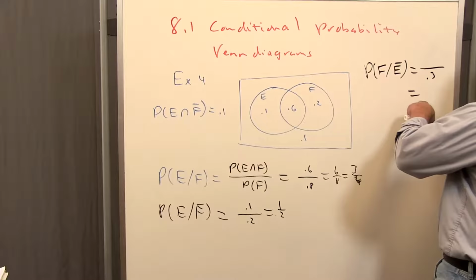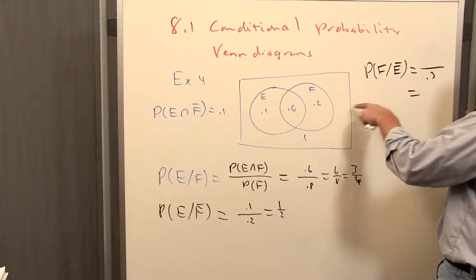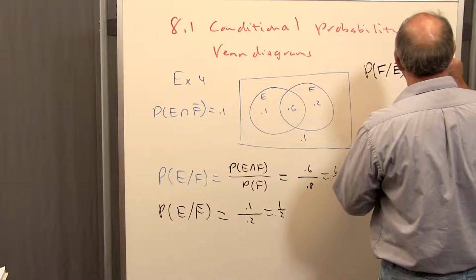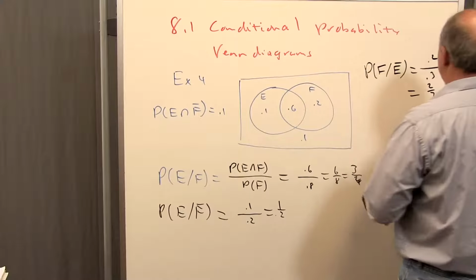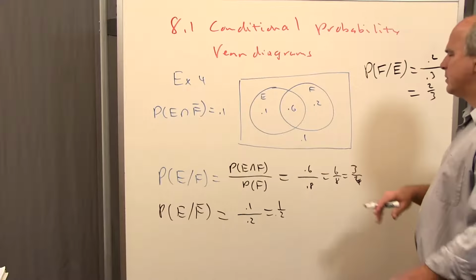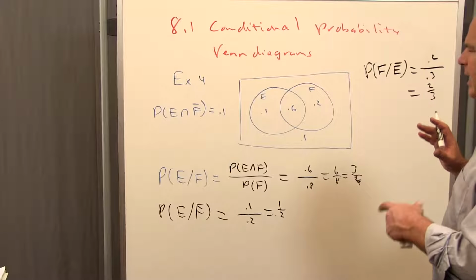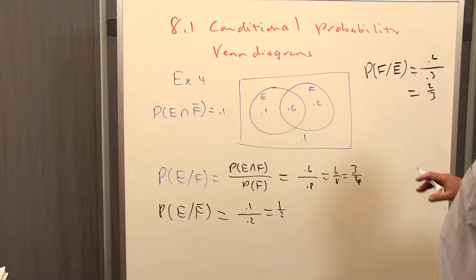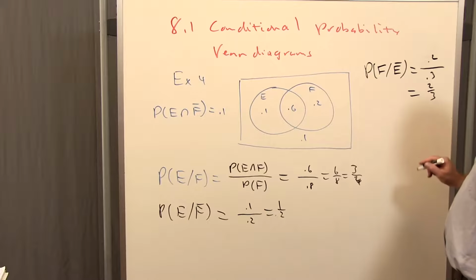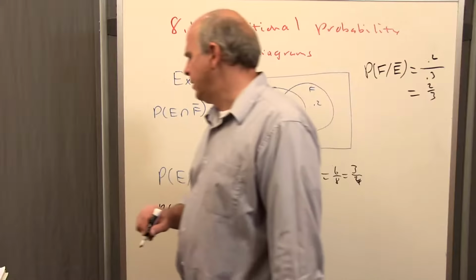And of those 0.3, how many are F? Well, 0.2. So this is 2/3. Probability of F given E bar. So if you've got that Venn diagram, then recognizing which areas are which is really a good way to do these conditional probabilities.